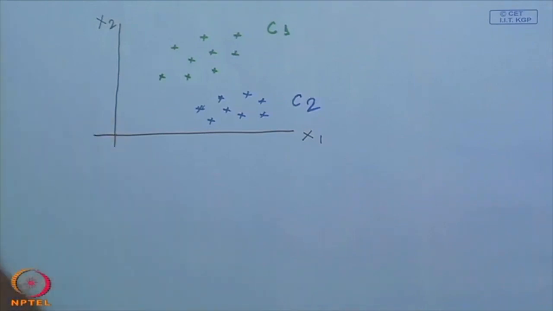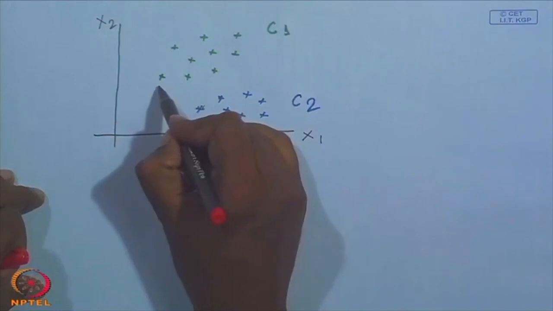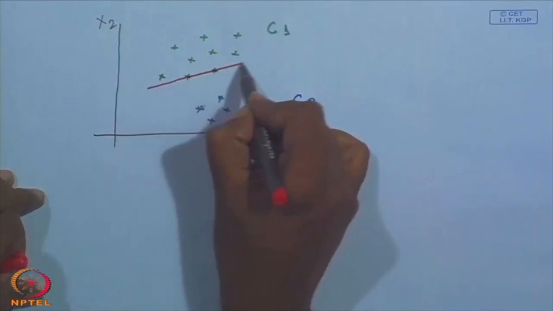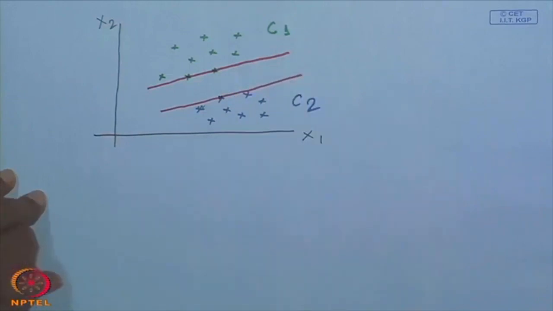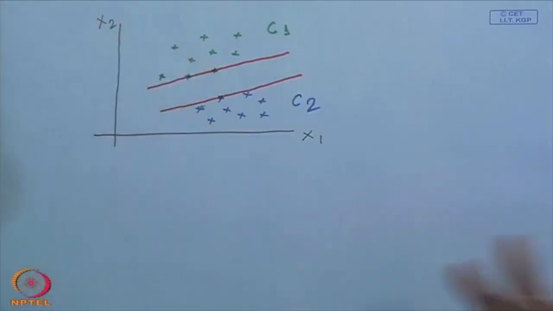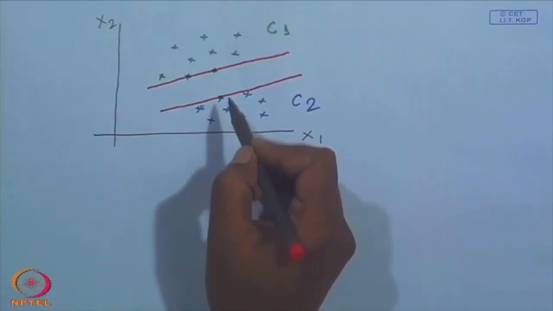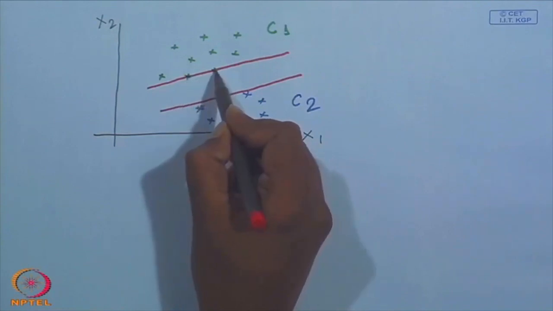Now, I can easily find that if I draw a straight line over here, and another straight line over here, these are the training feature vectors which are just on the boundary of the classes. Any disturbance to these feature vectors will greatly affect the result.